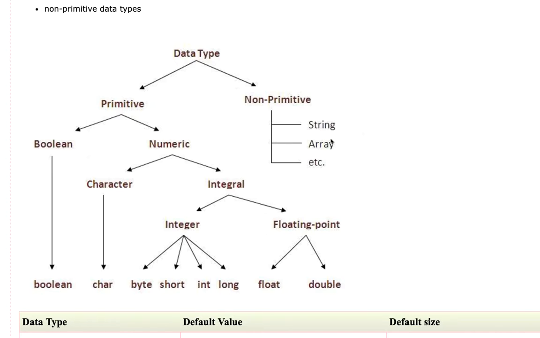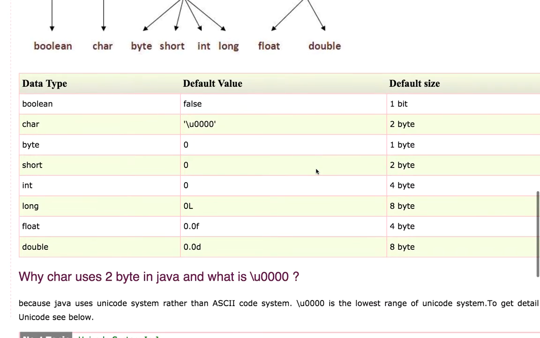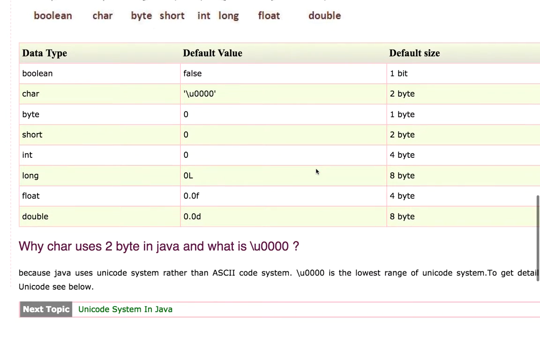You have the String class, you have the Array class, you have the Double class. There are a lot of classes. You have the Integer class. So these are the things which you will get in non-primitive and in the primitive. So we are going to create some of the primitive and non-primitive types. These are the default value and the size that is assigned when you create some primitive data types.